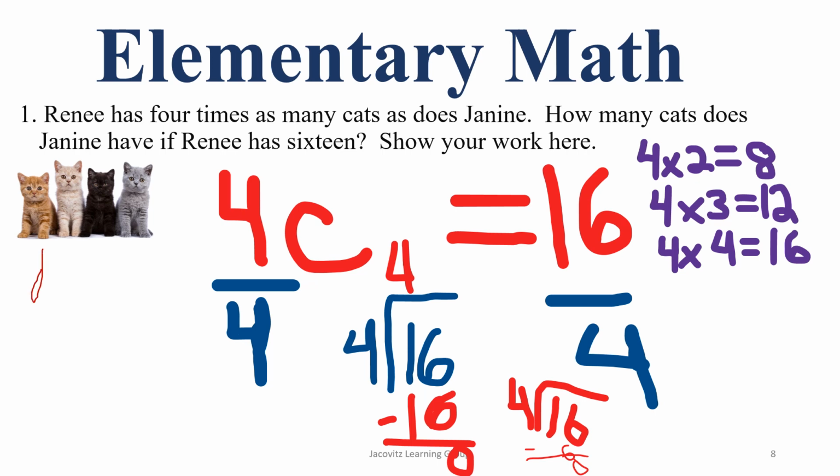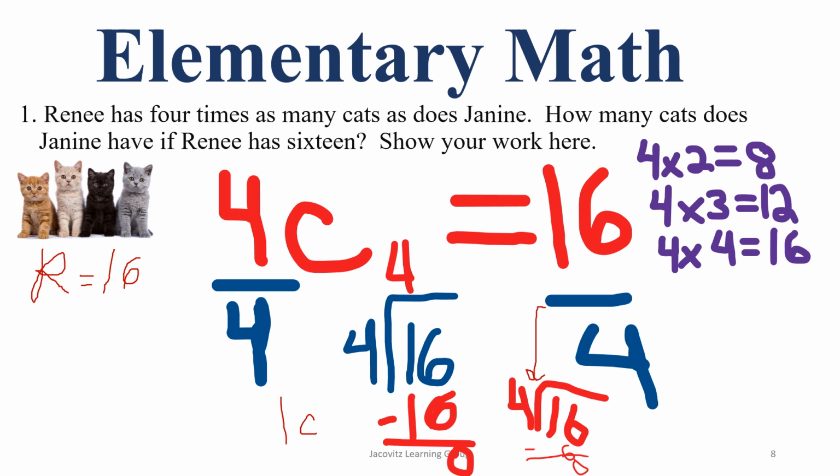Renee has 4 times as many, so Renee has the greater amount. She has 16. And Janine is really 4 less than Renee. But we don't want to put that out because then we'll start thinking it's subtraction. So 4 divided by 4 is going to give us 1C. And this bar here means to divide.